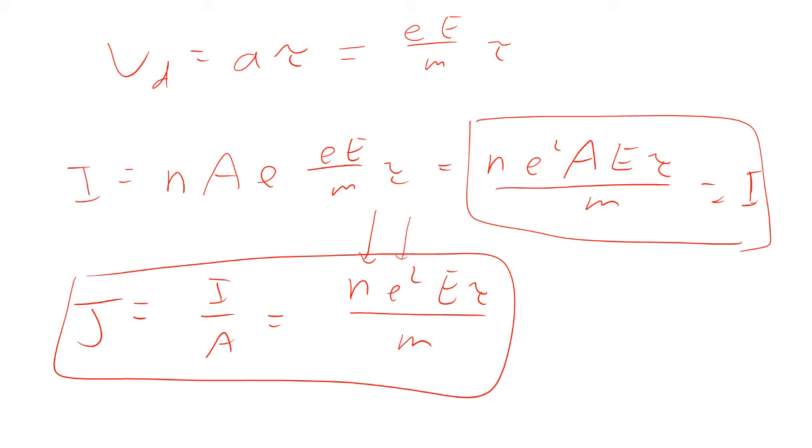Again, for electrical current, we are normally talking about moving electrons, so that's just e. It depends on the mass of the thing that's moving. Again, normally that's going to be the mass of an electron, and it depends on the average time between collisions.